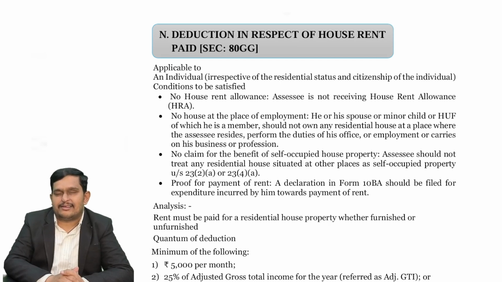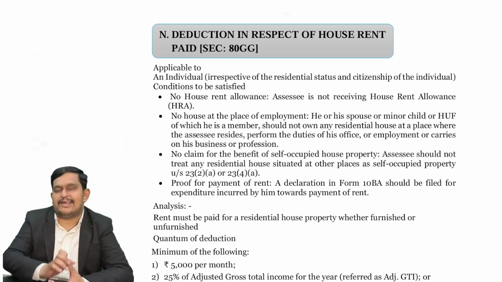That's the first condition. So the individual is not a salaried person, or even if he is a salaried person, he is not getting HRA from the company. The second point says he is not the owner of the property.